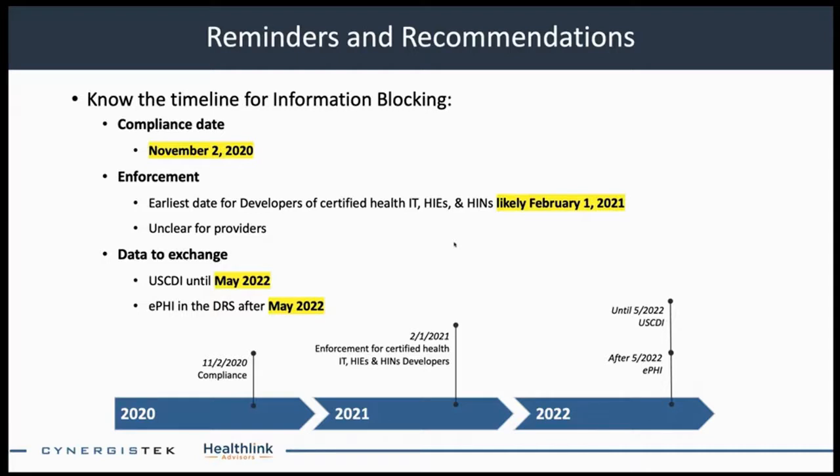And then remember, for the data you have to be prepared to exchange until May of 2022, it's the USCDI data. And after May of 2022, it's the electronic protected health information that composes your designated record set. So just being prepared and ensuring you know where all of that EPHI is that constitutes your designated record set is going to be important.